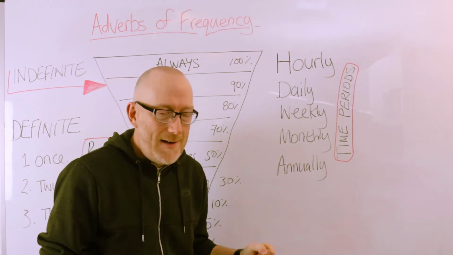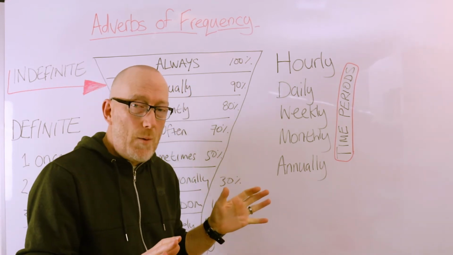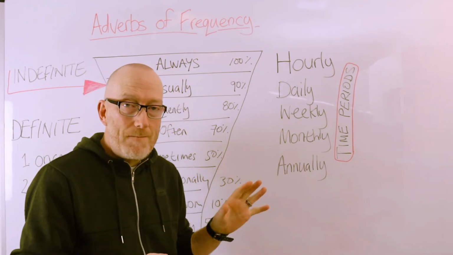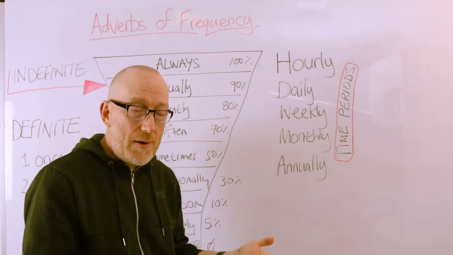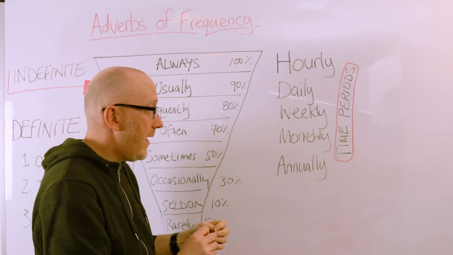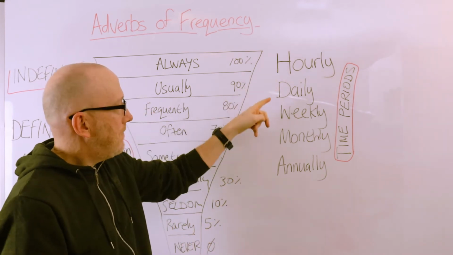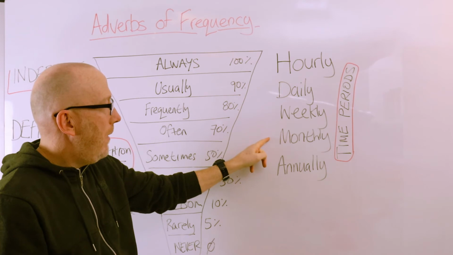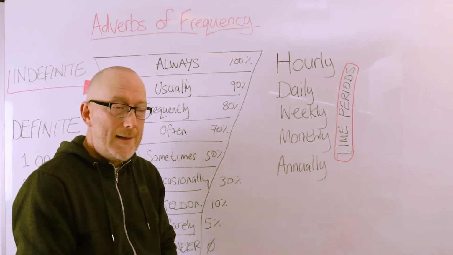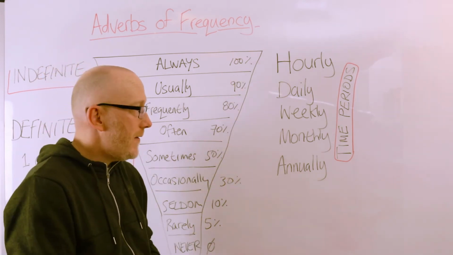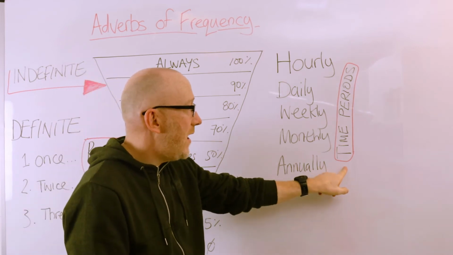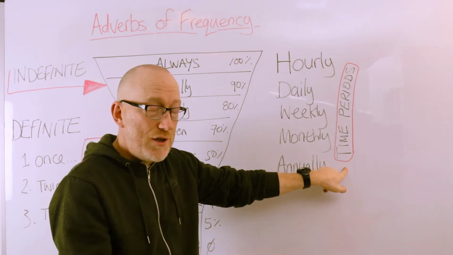Now, the next form of adverbs I want to introduce you to, again, adverbs of frequency, and these are definite adverbs of frequency in a slightly different form, are these words: hourly, daily, weekly, monthly, annually. And these adverbs of frequency are helping us to describe just the time period of the action.